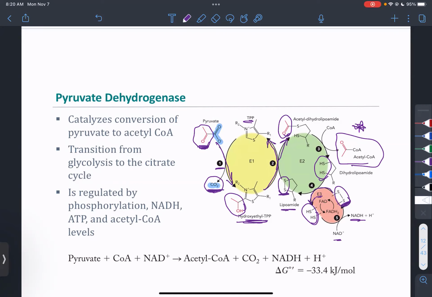All those reactions where we have lots of regulatory items around it, it is going to be irreversible. And that is because it has a very high negative delta G. And that is negative 33.4 kilojoules per mole. So very, very irreversible.